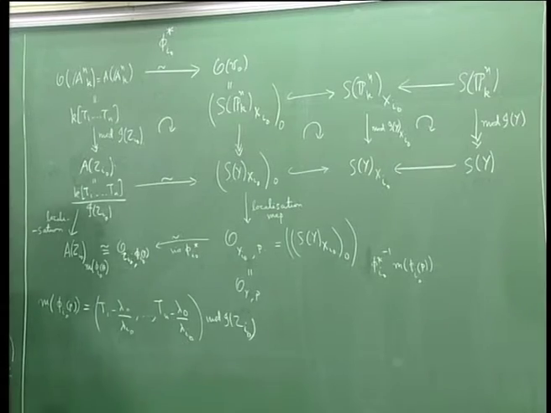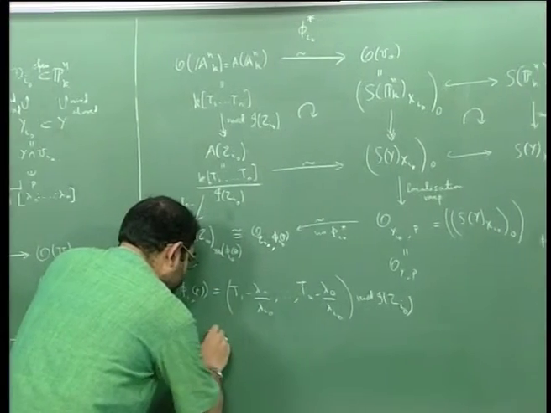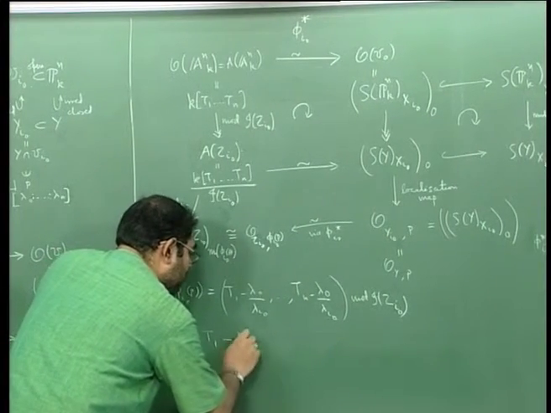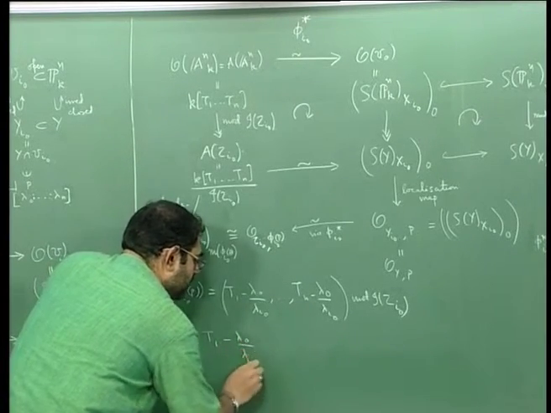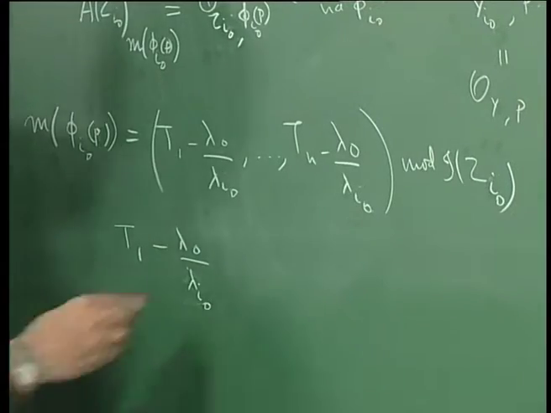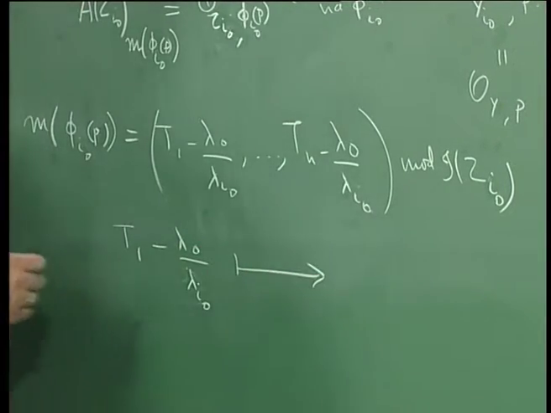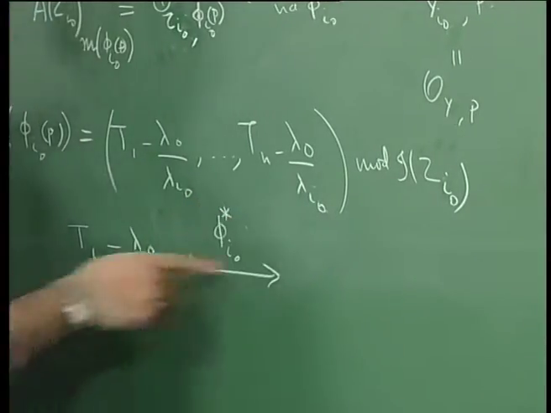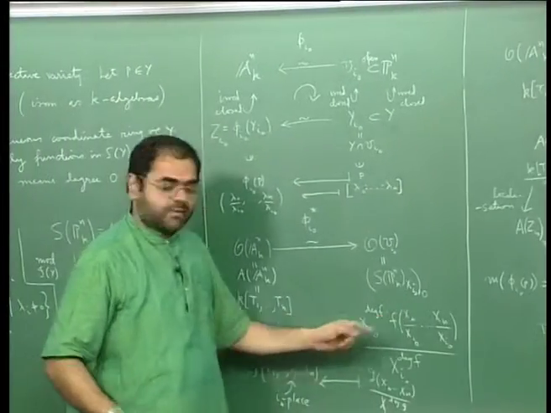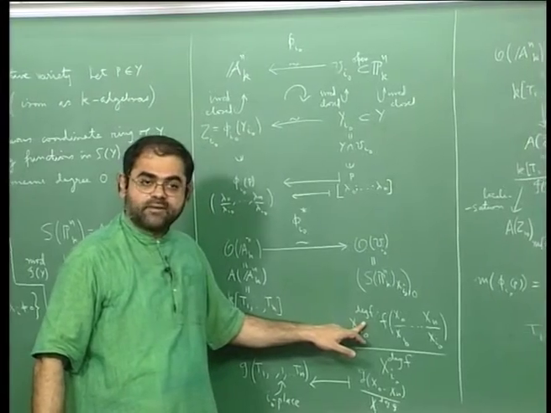If I take each of these elements, like T_1 minus lambda_1 by lambda_i0, and take its image under the map induced by phi_i0 star, what is this map? It is just homogenization with respect to x_i0.